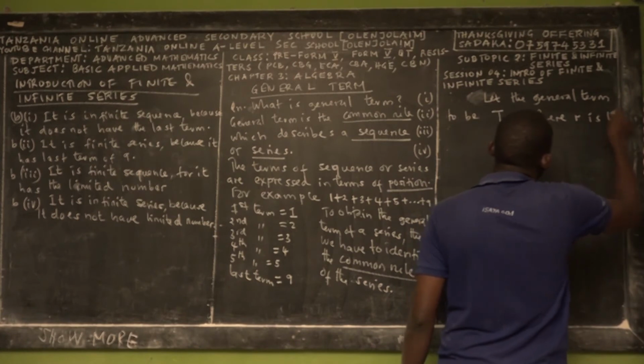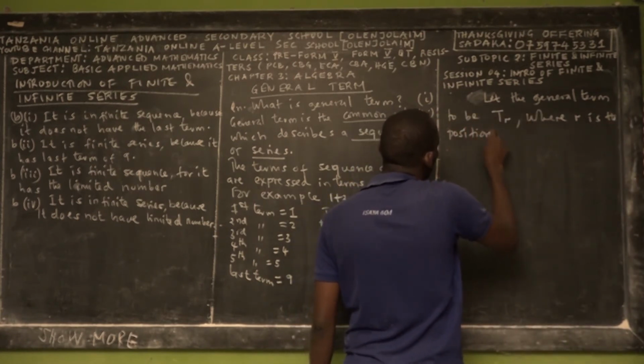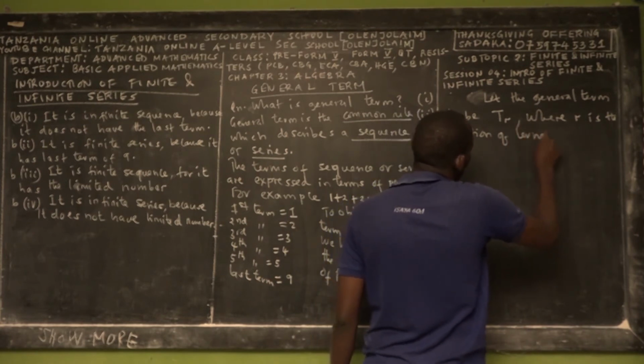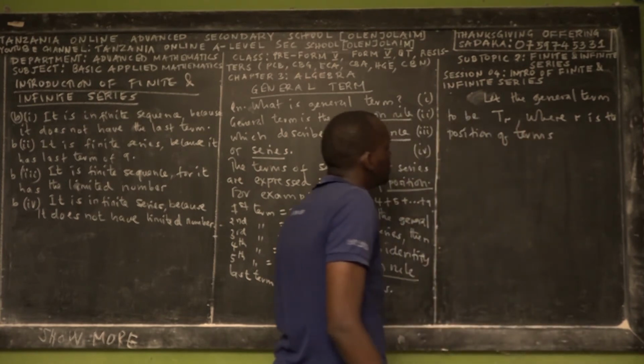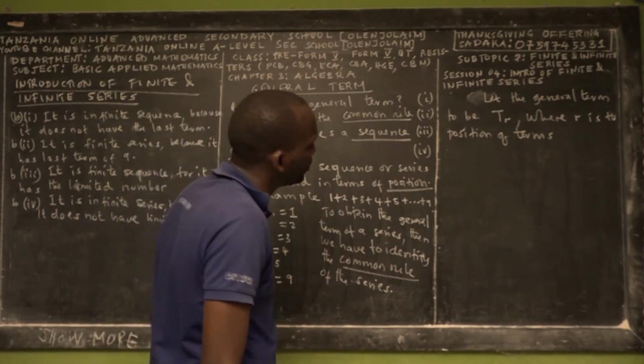Where R is the position of what? The position of terms. So let the general term be T_R, where R is the position of the terms.